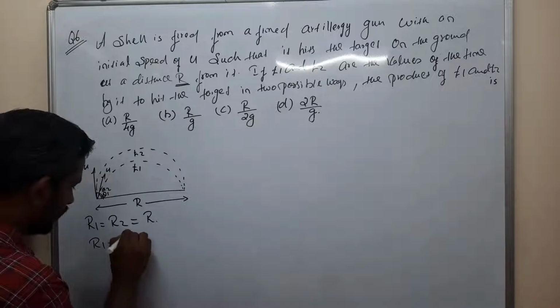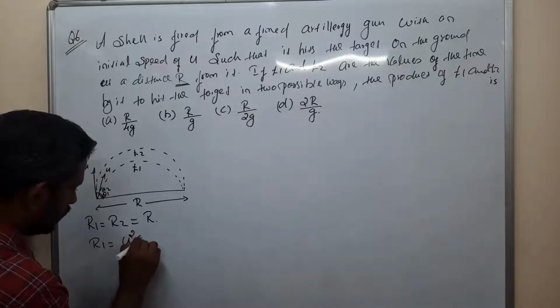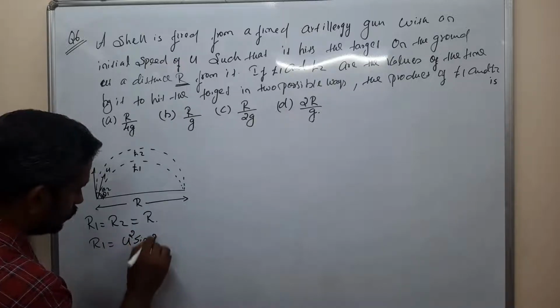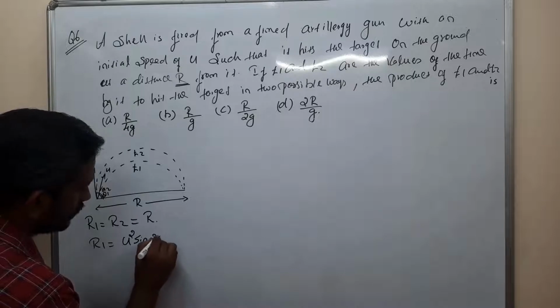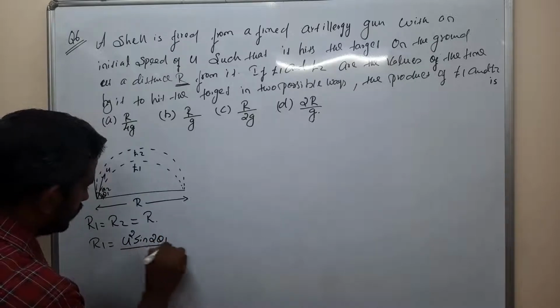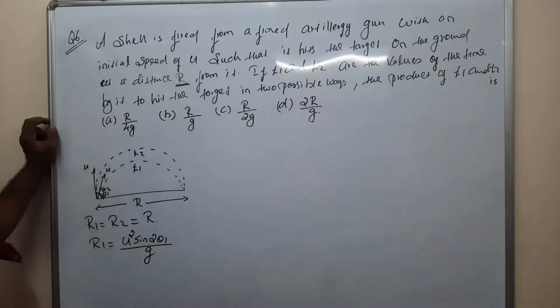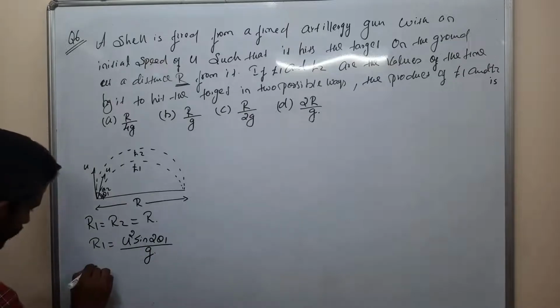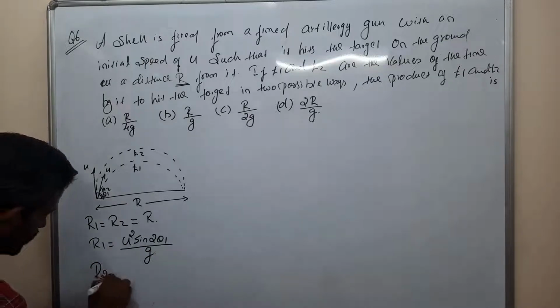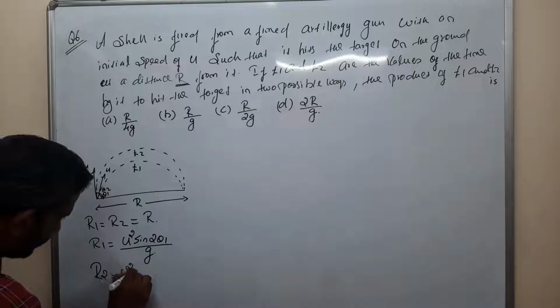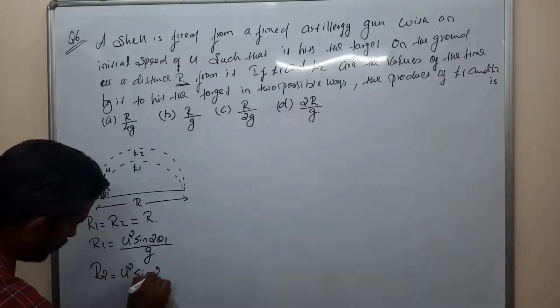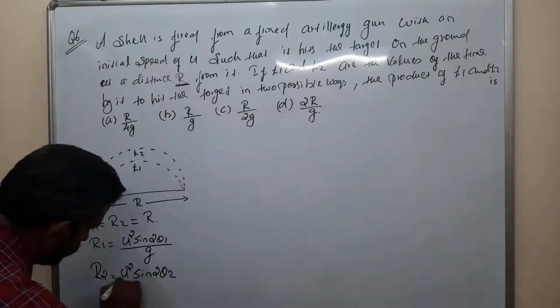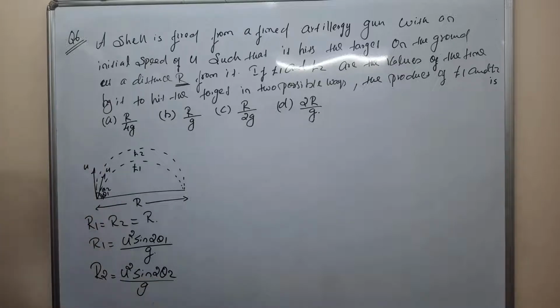That is u square sin 2 theta 1 divided by g. What is the range of the second projection? That is R2 is equal to u square sin 2 theta 2 divided by g.